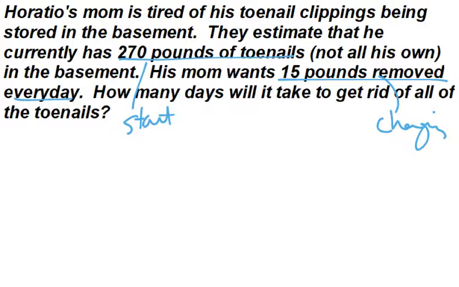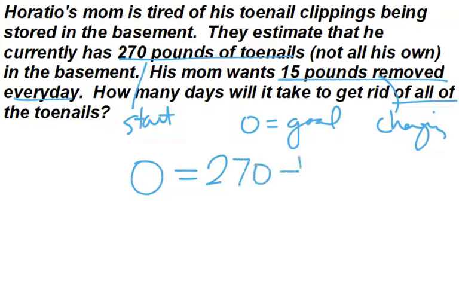Okay, and what's our goal? Well, to get rid of all would be 0, right? So we start with 0, and we go 270. We're going to subtract 15. Our unknown was days. Okay, but it's 15 per day, so we can just go 15 times d.